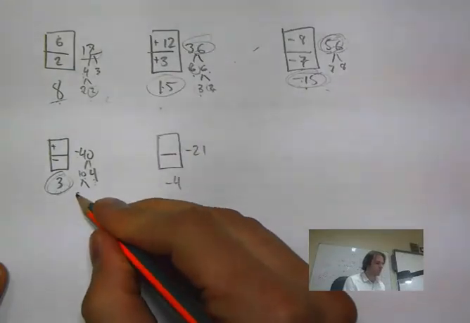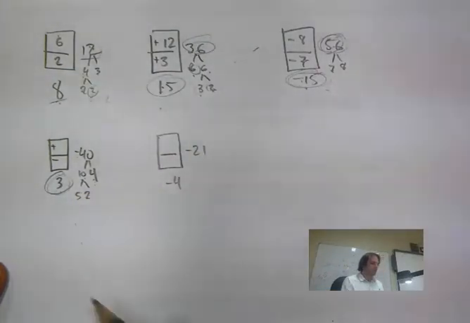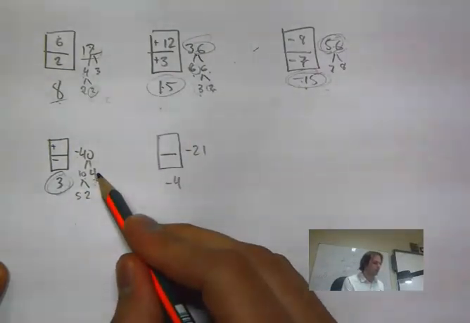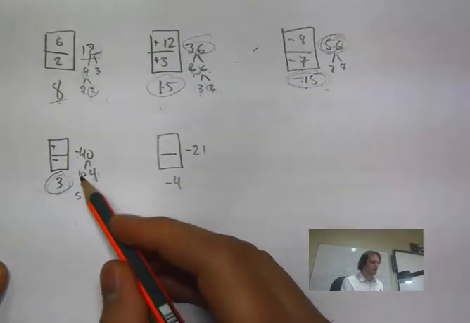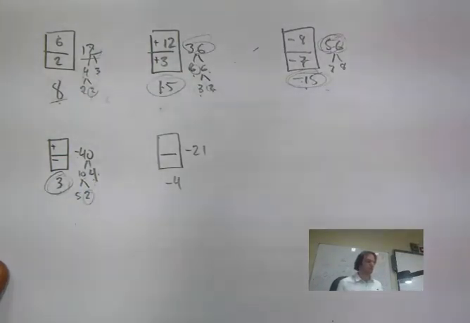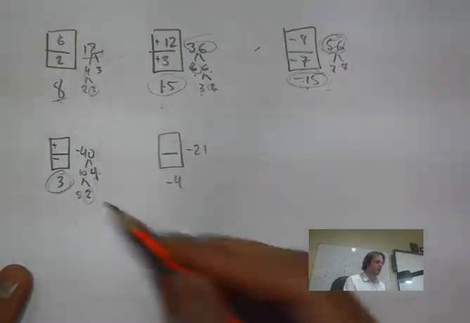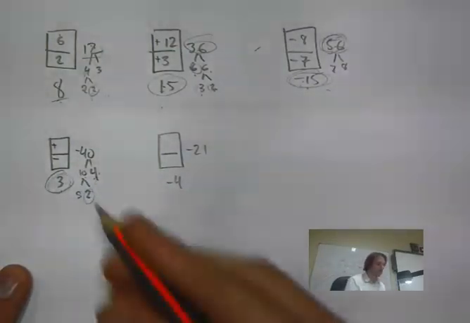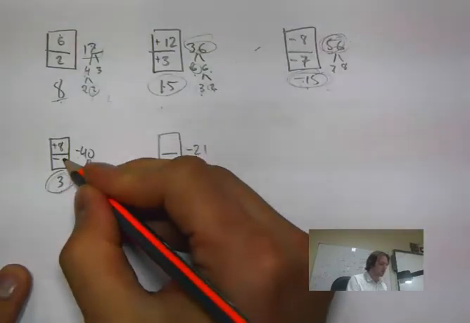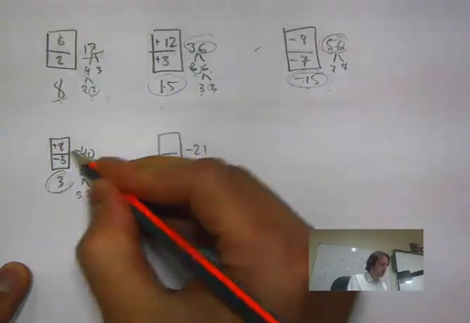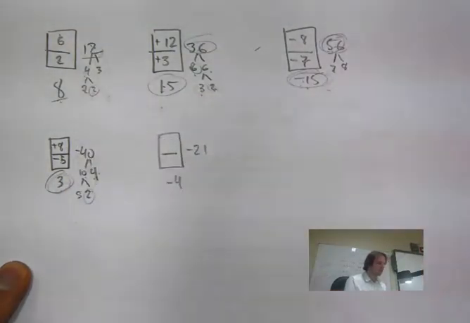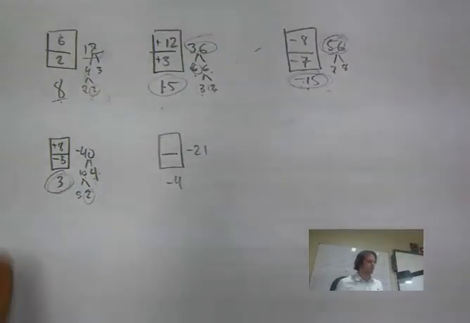Let's try this. 5 and 2. Well, 5 times 4 is 20. 20 minus 2 is 18. No. Let's try this. 2 times 4 is 8. Take away 5 is 3. That works. So 8 and negative 5. That will do it, which gives me 3.